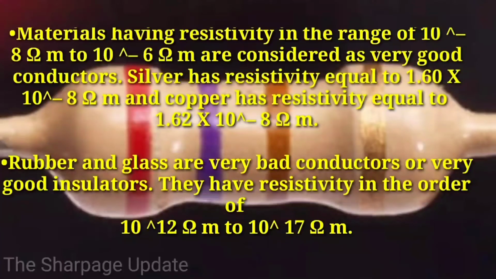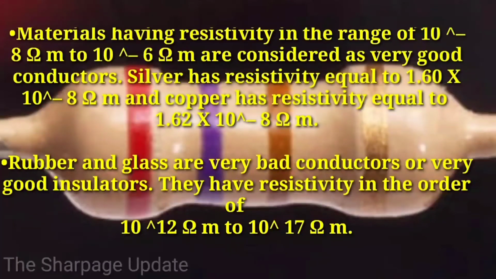Dear students, do you know materials having resistivity in the range of 10 to the power minus 8 to 10 to the power minus 6 are considered as very good conductors. Silver has resistivity equal to 1.60 into 10 to the power minus 8 and copper has resistivity equal to 1.62 into 10 to the power minus 8 ohm meter.